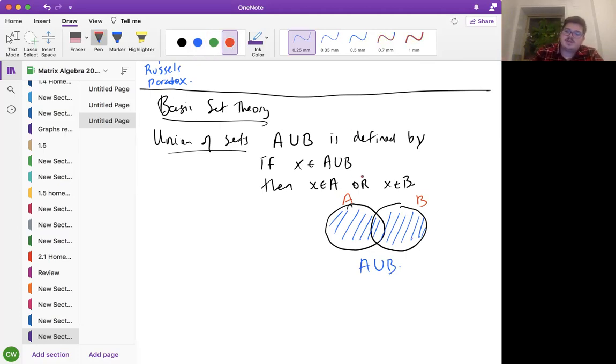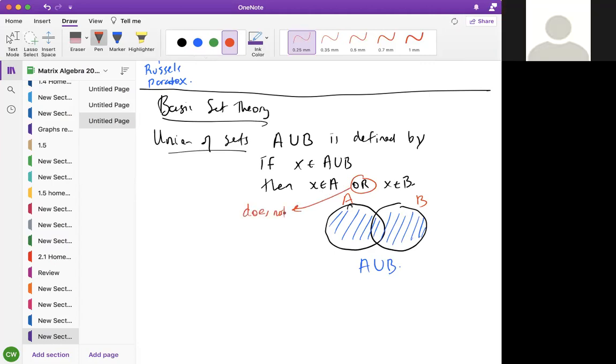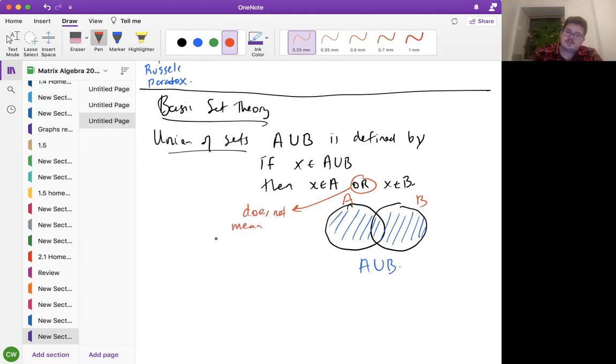So or doesn't mean that if X is in A, X is not in B. It's not exclusive.